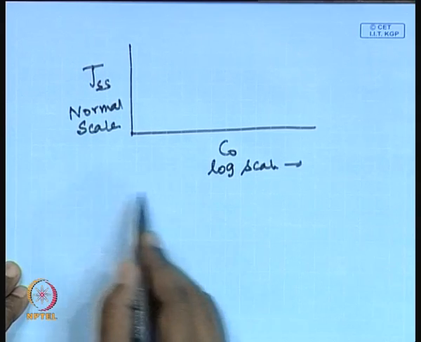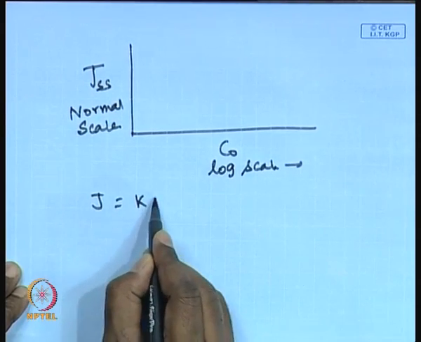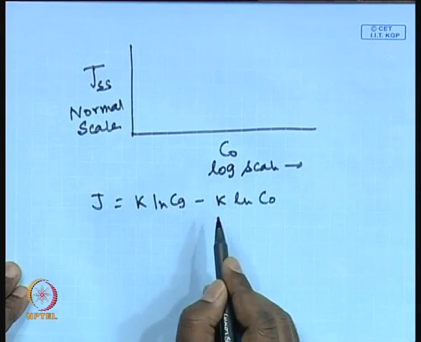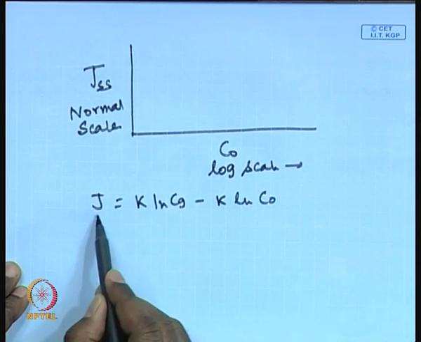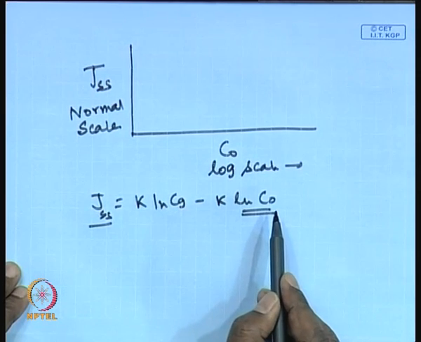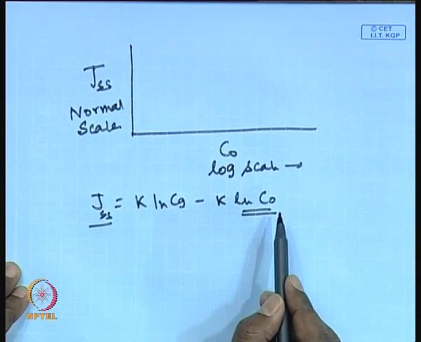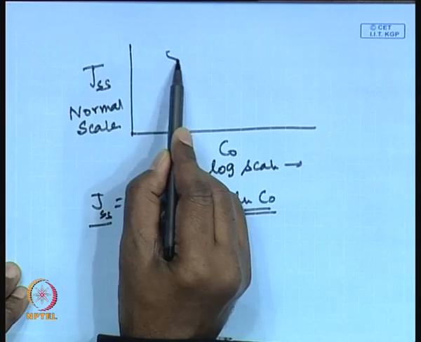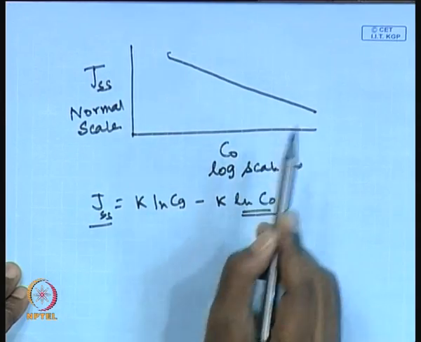And if you look into the expression, J is equal to K ln Cg minus K ln C naught. So, the plot of JSS versus ln C naught is supposed to be a straight line with a decreasing slope, because there is a minus sign present. So, you are going to get a curve something like this.